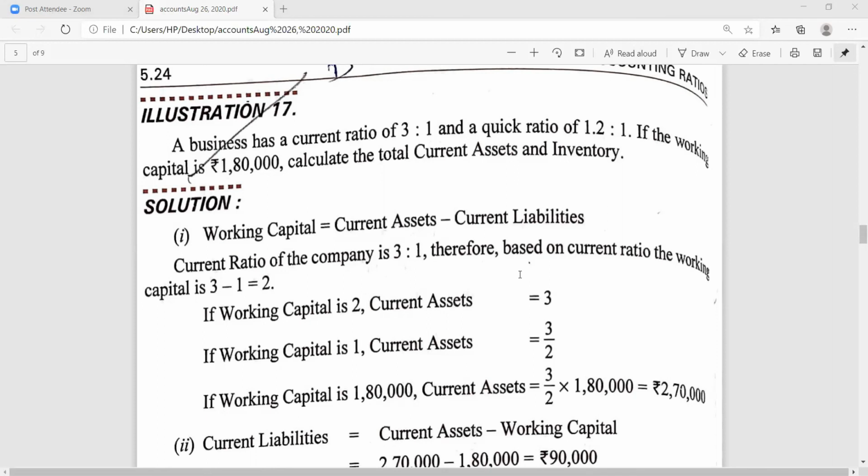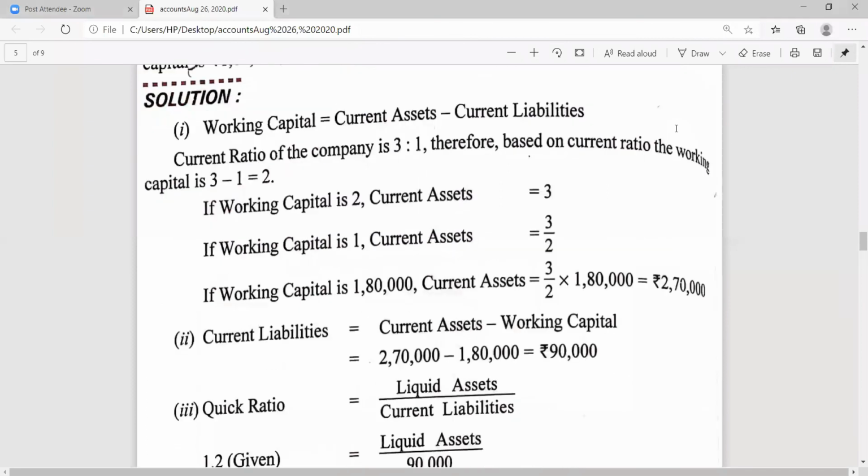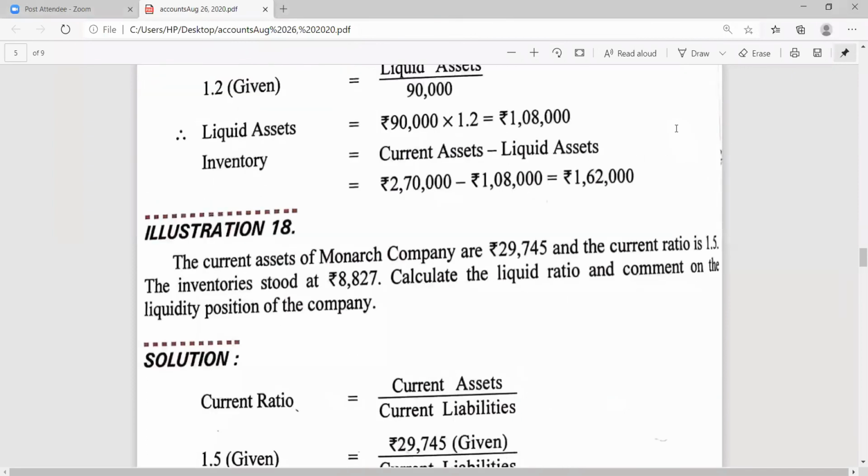It might be the current asset, the current liability, or the working capital. In this way, you have to apply these formulas. So this is all about the chapter we have done today.